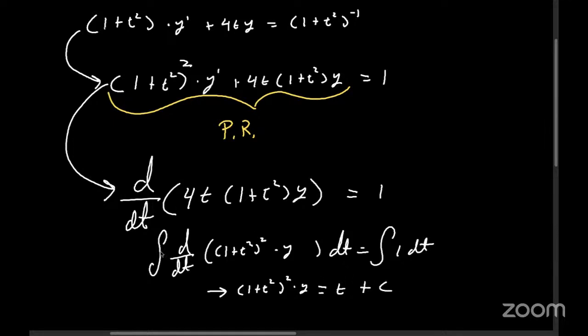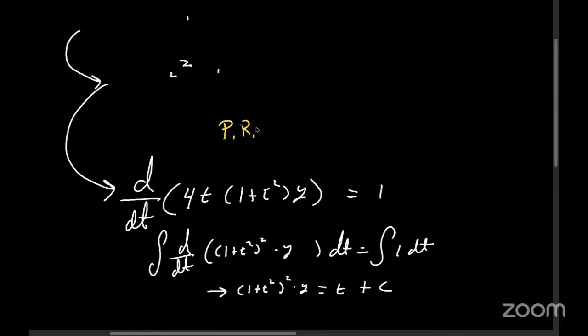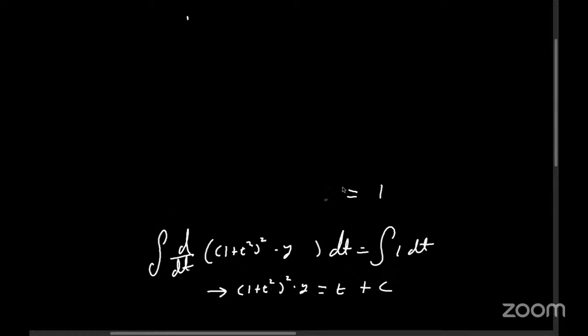So we're almost done with this problem. Okay. So that means we have 1 plus t squared, squared y equals t plus c.